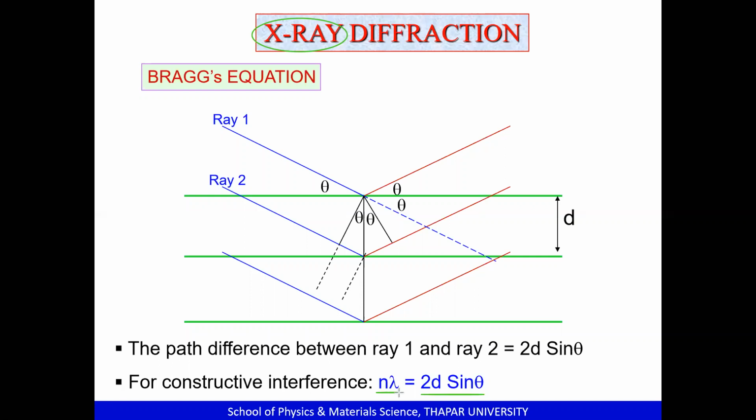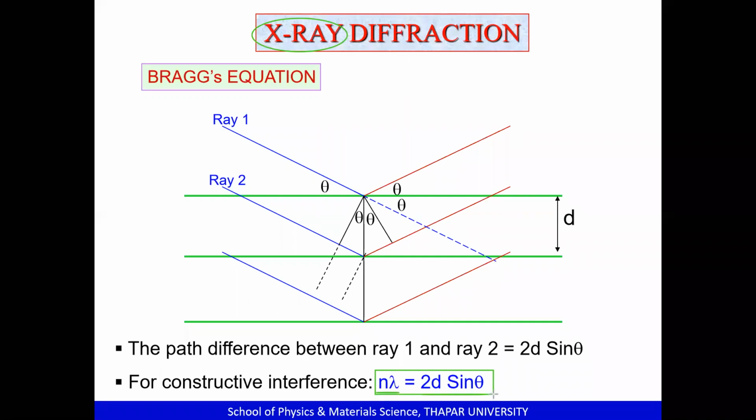And if it is a half-integral multiple of lambda, then you will have destructive interference and you can have a dark patch. So whenever this condition n lambda equals 2d sine theta is satisfied, we get the diffraction.